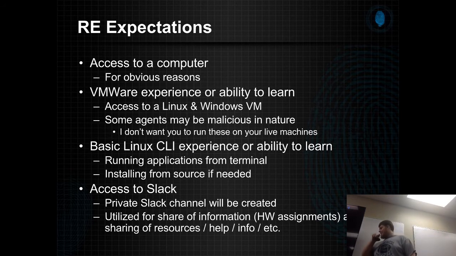This is because I may give you something that may be malicious, and I don't want you to run this on your live system. So for obvious reasons, you would want to VM this. And I promise I won't do anything where I try to do VMware breakdown to actually infect your host system.